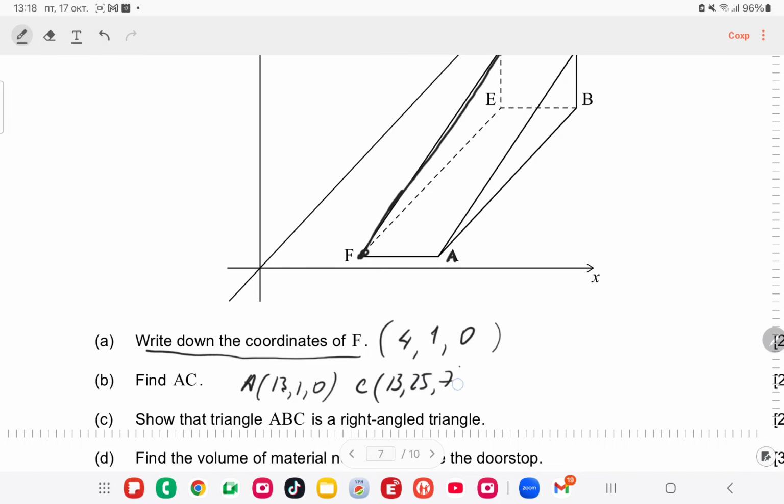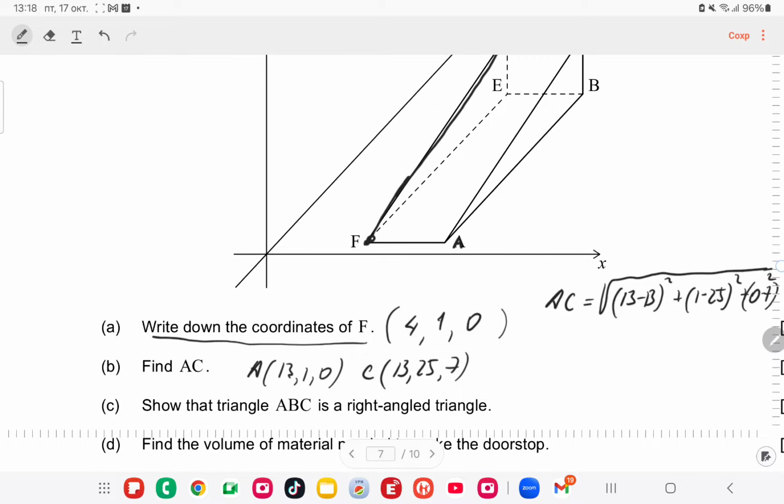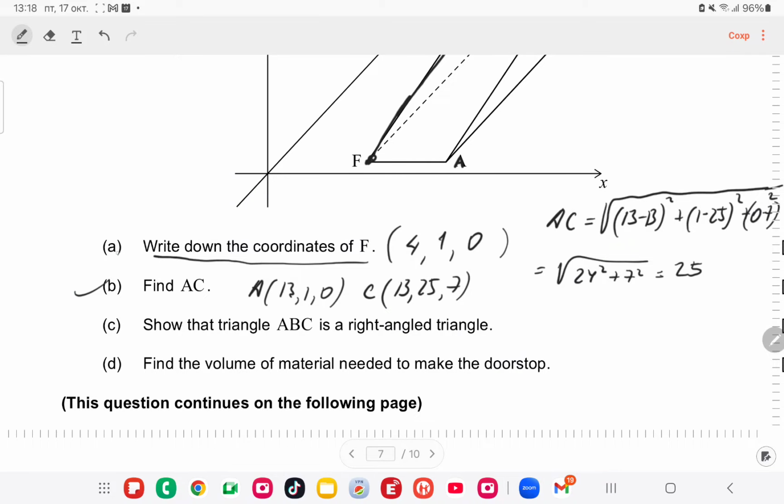To find the distance AC, we use the formula given in the formula booklet. 13 minus 13 squared, 1 minus 25 squared, and 0 minus 7 squared. So we will have 24 squared plus 7 squared, and using the calculator you will know that it is 25. So AC is 25. Part B is done as well.